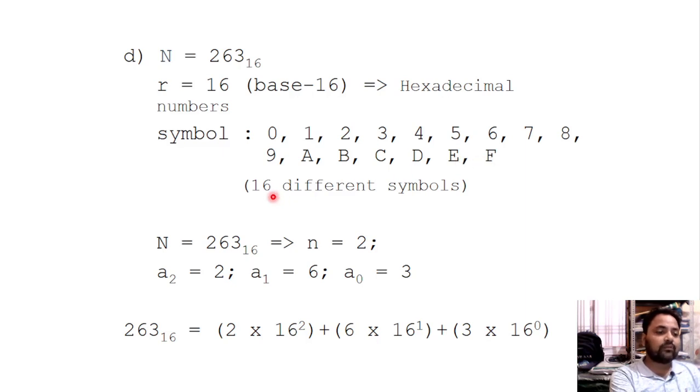So here we take digits less than 16. n equals 263 to the base 16 gives a2 equals 2, a1 equals 6, and a0 equals 3. So 263 to the base 16 equals 2 into 16 to the power 2 plus 6 into 16 to the power 1 plus 3 into 16 to the power 0.